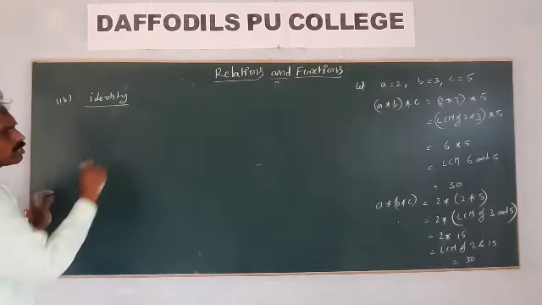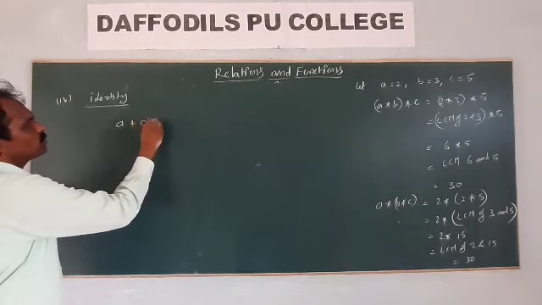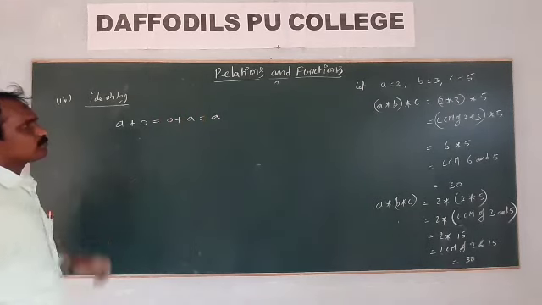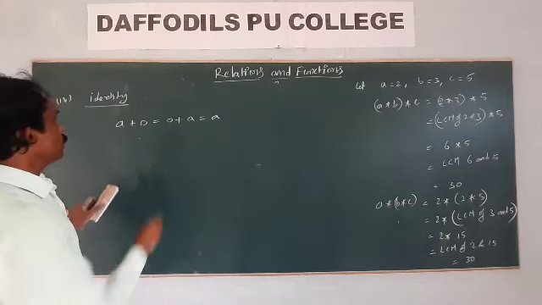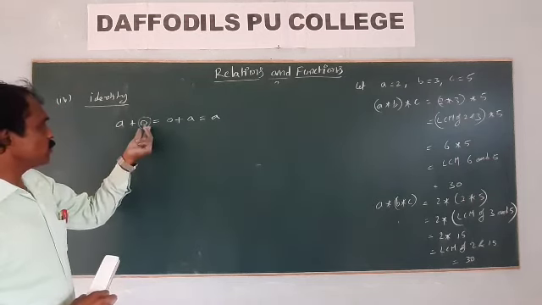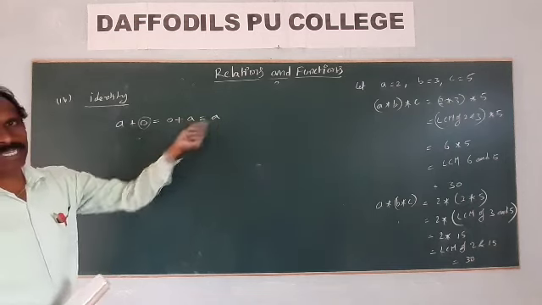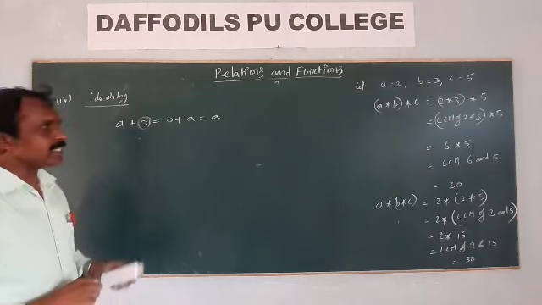In binary operations, additive identity means A plus 0 is equal to 0 plus A is equal to A. Right? So 0 is the identity. That means the number that when added gives the same number is called the identity number.